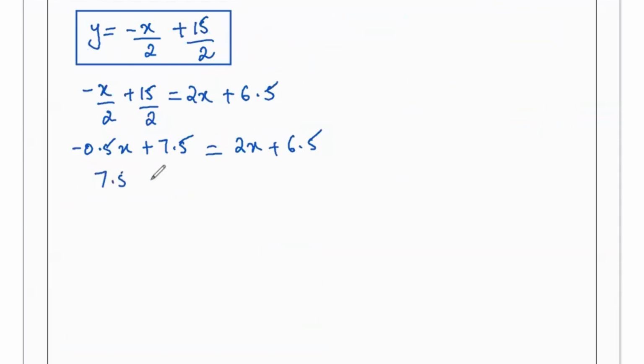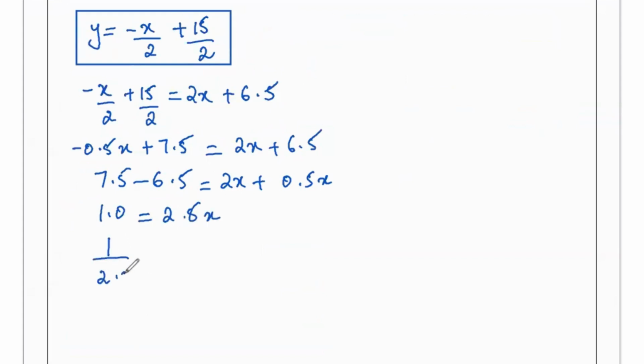So 7.5 minus 6.5 equals 2x plus 0.5x, which is 1 equals 2.5x. 1 divided by 2.5 equals x, and that gives us 0.4.